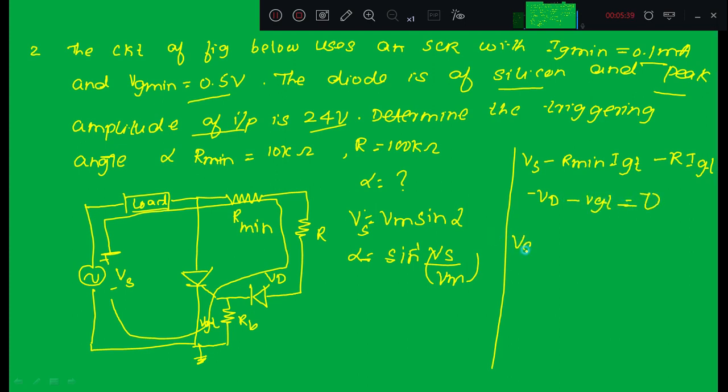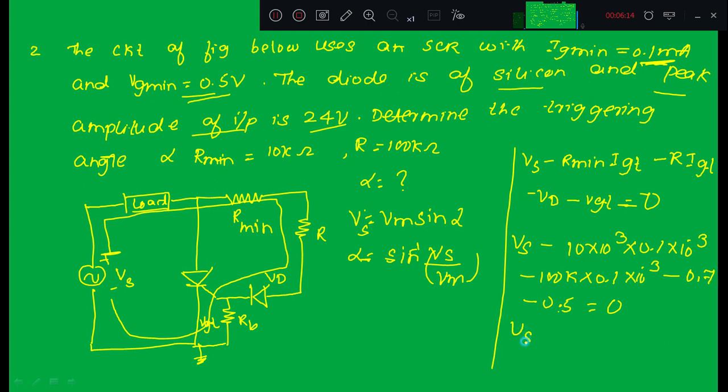I want to find Vs. So Vs minus R minimum, which is 10k, into IGT, which is given in the question as 0.1 milliamps, minus R, given in the question as 100k, into 0.1 milli, minus Vd, which is 0.7 for silicon material, minus VGT, which is VG minimum given here as 0.5, equal to 0.